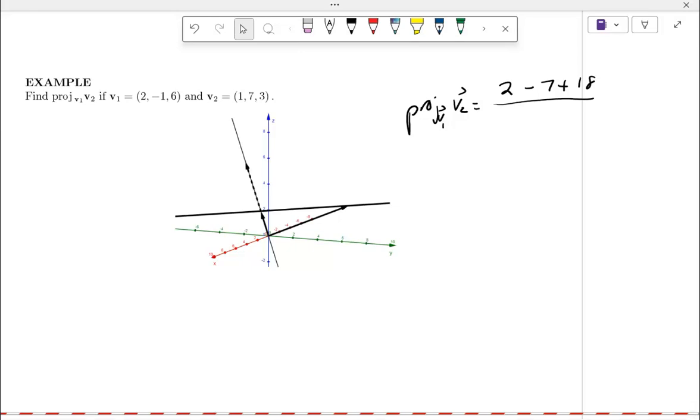Inner product of V1 with itself, right? So we'll have 4 plus 1 plus 36 when we do the inner product of V1 with itself. And we multiply that by what? V1. Good. 2, -1, 6. So we get 13 on top and 41 on bottom, it looks like.